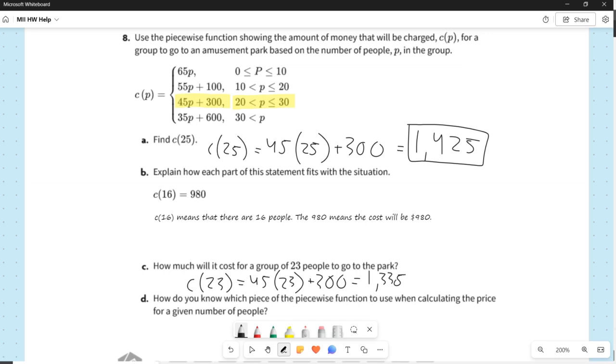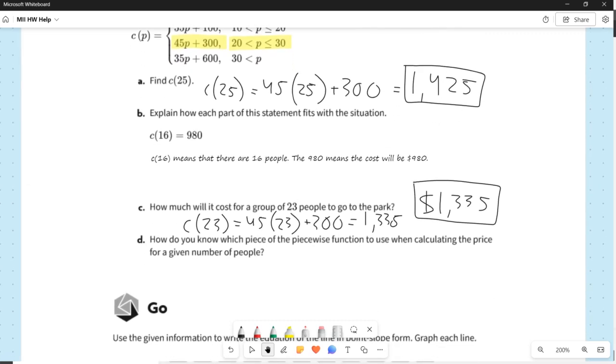Now, this question was asked in the context of the scenario, so your answer really should be in the context, and we're talking about dollars here. So your answer is $1,335. Because again, the question was phrased in the context of the scenario, not simply evaluating the function, but how much does it cost?